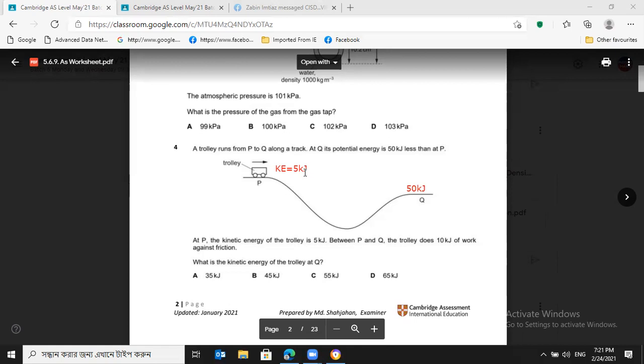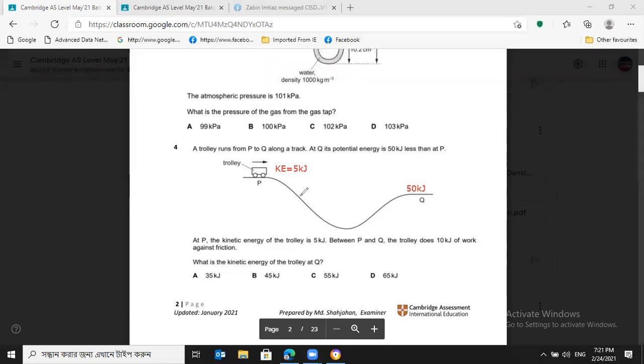Now you see, here we have 50 kilojoules. In this level also we have 50 kilojoules, right? Isn't it?